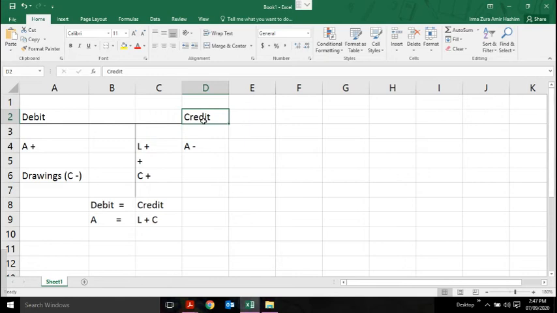The mortgage loan is considered a long-term liability, also called a non-current liability. Let's say she already has 100,000 for the mortgage loan. Then she buys another shop lot amounting to 200,000. So now her liabilities have increased, so she records it as a credit.